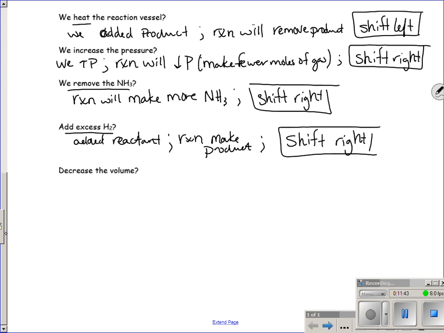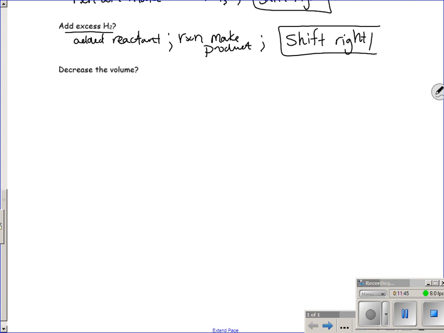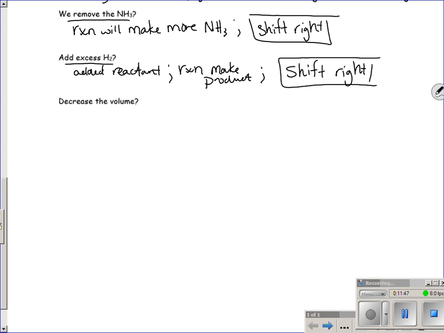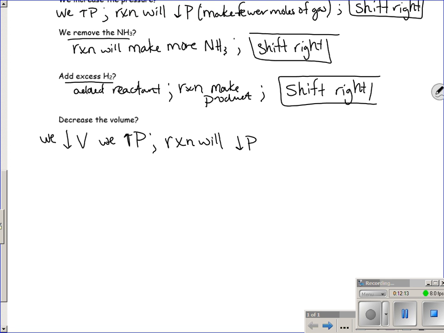Now, whenever we see volume, we have to think in terms of pressure. So, if we decrease the volume, what we have really done is increase the pressure. The reaction will do the opposite, and the opposite of increasing the pressure is decreasing the pressure. So if we look at the reaction, it's going to do that by making fewer moles of gas.